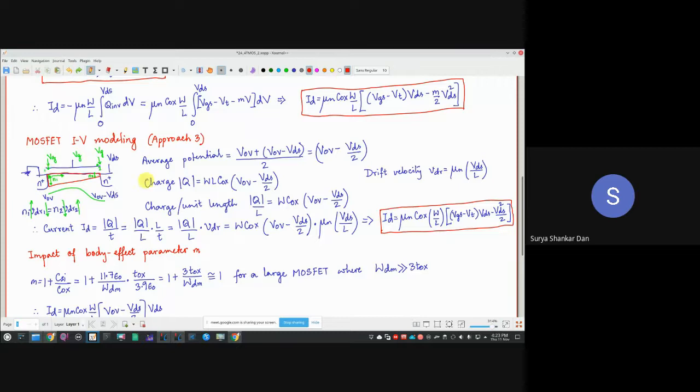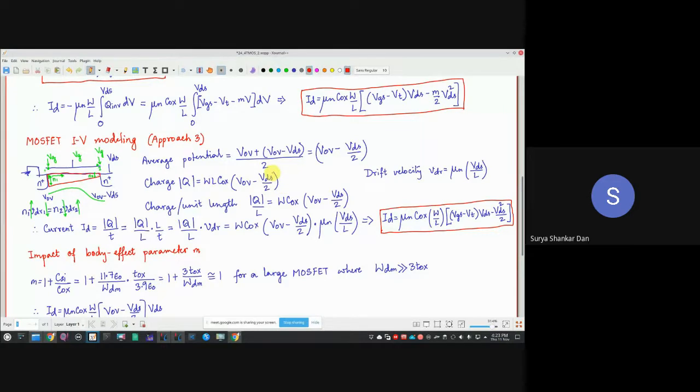Remember, this is going to be the inversion charge only, because I'm trying to find out the channel charge. So that charge will be equal to the total gate capacitance, which is WL into Cox, multiplied by the average voltage inside this trapezoid, which is VOV minus VDS by 2. So this is the gate capacitance CG into the average voltage.